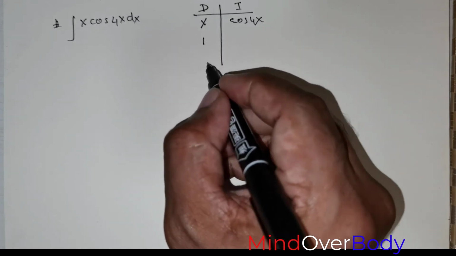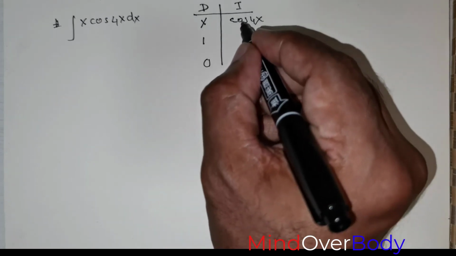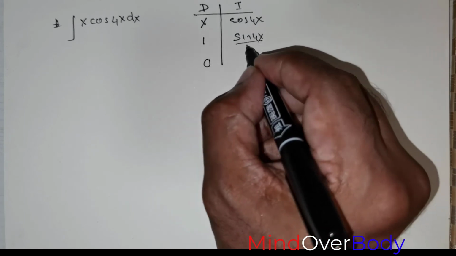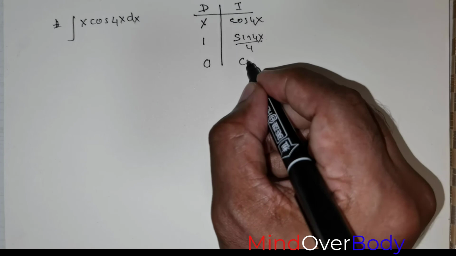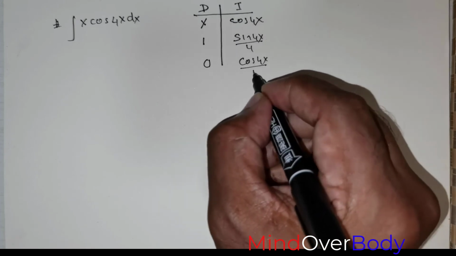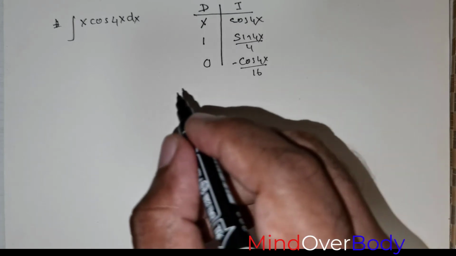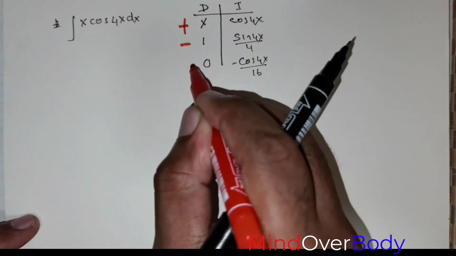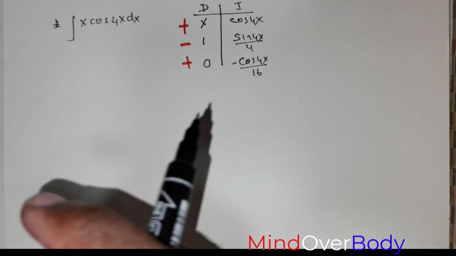I differentiate x, I get 1. I differentiate 1, I get 0. I integrate cos 4x, I get sin 4x divided by 4. I integrate sin 4x, I get cos 4x divided by 16 with a negative sign. So I place the signs here, start with positive, negative, positive.